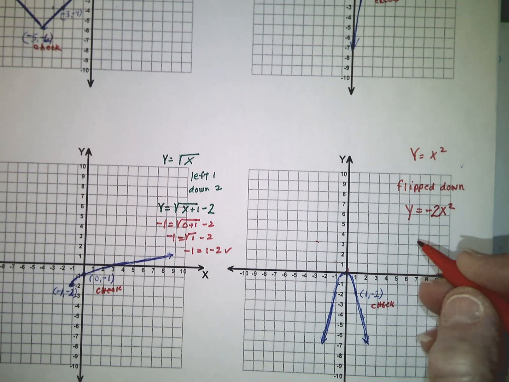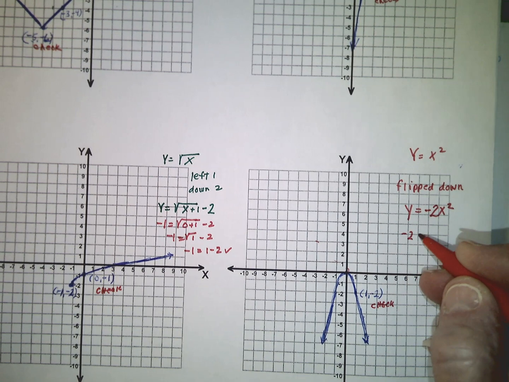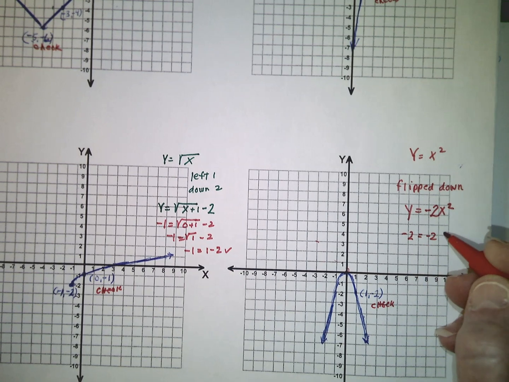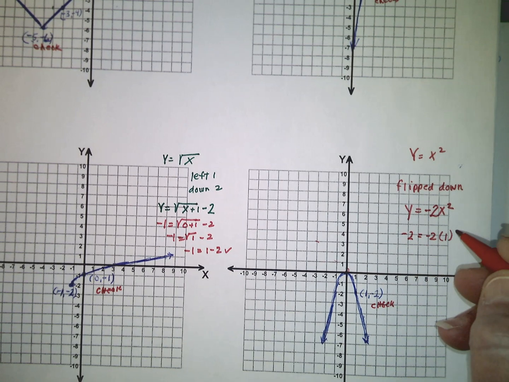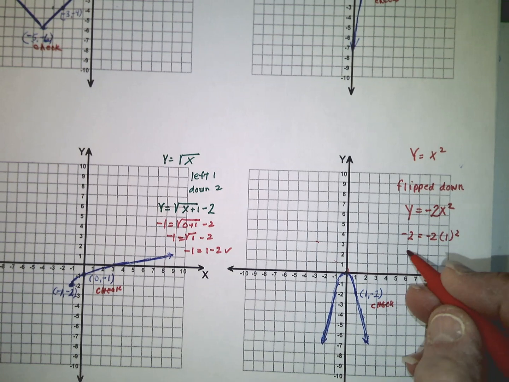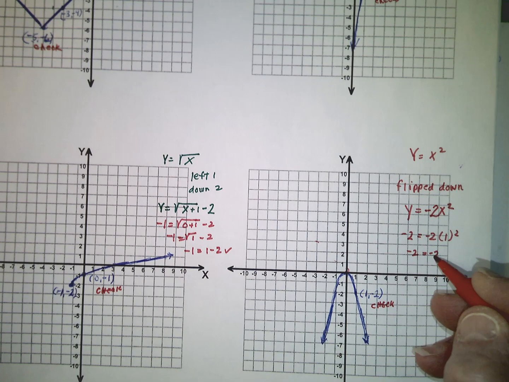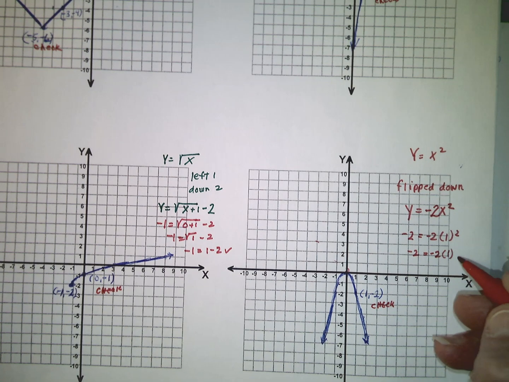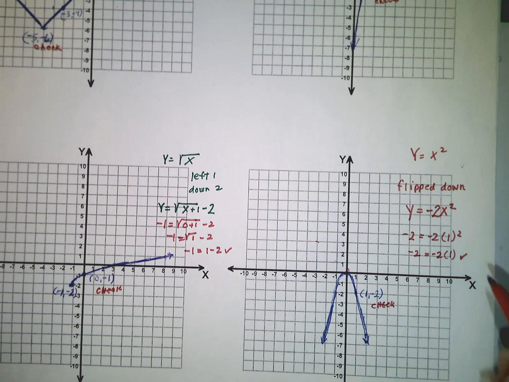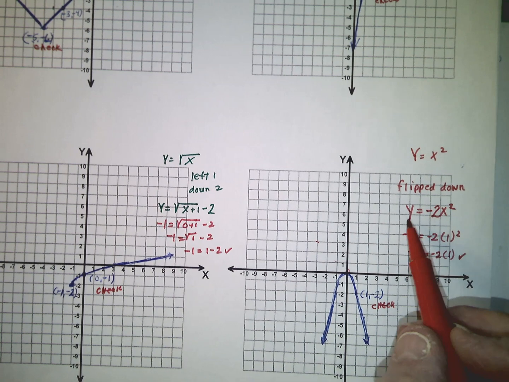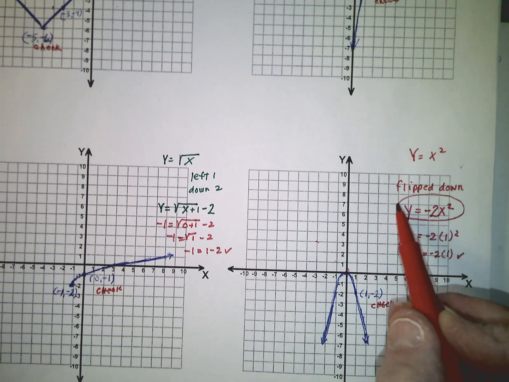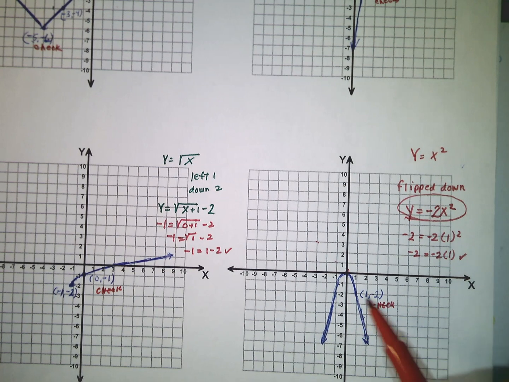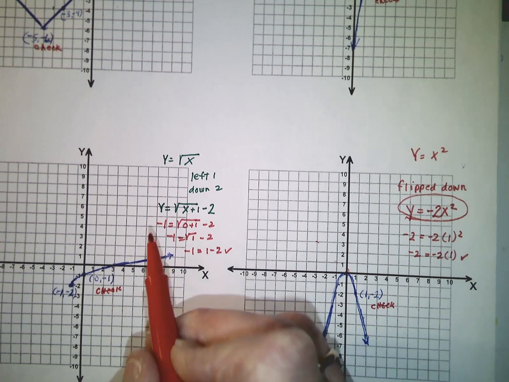If we put negative 2 in for y and a 1 in for x squared, so that'd be negative 2 equals negative 2 times 1. Yes, it checks. So this would have been the equation of the transformed function.